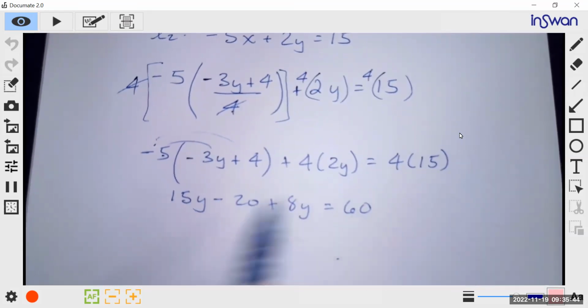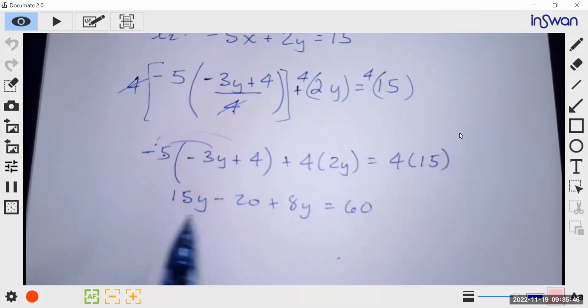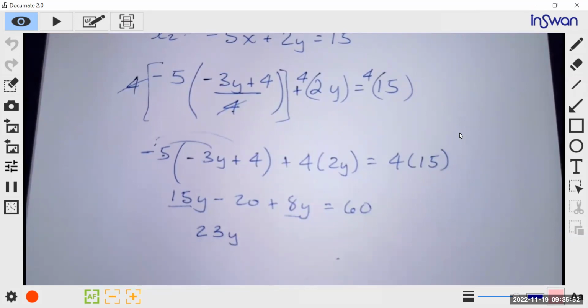Combine like terms. Whenever you get rid of parentheses, always combine like terms. 15 plus 8 is 23.